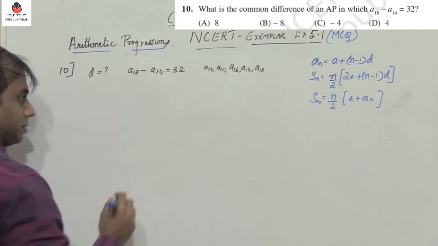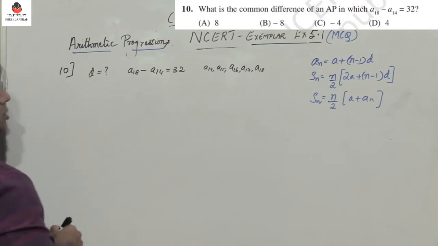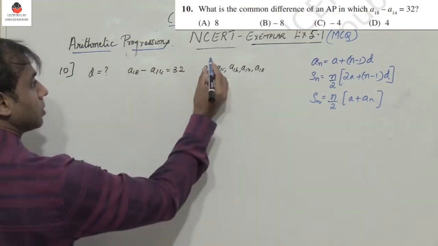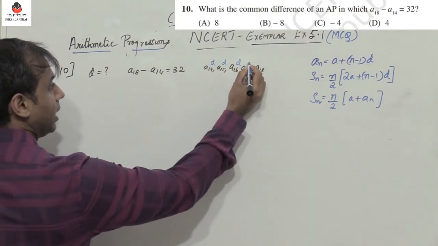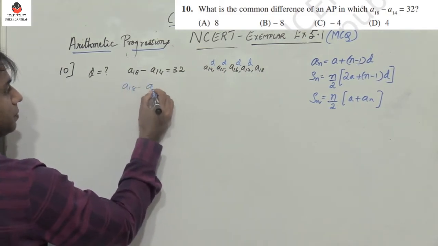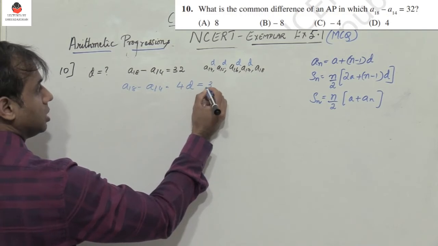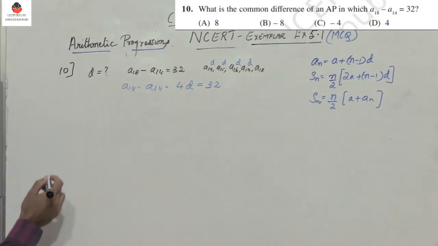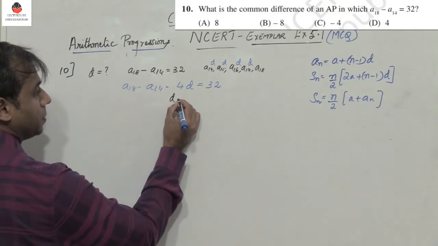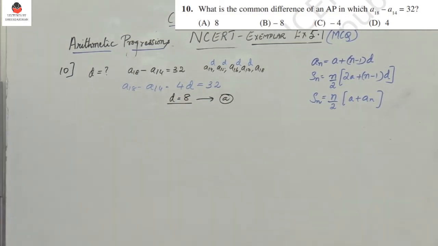The difference is here D, and D. So A18 minus A14 is nothing but 4D, which is 32. So what is D? D is 32 by 4, which gives me 8. So the right option is option A, D equals 8.